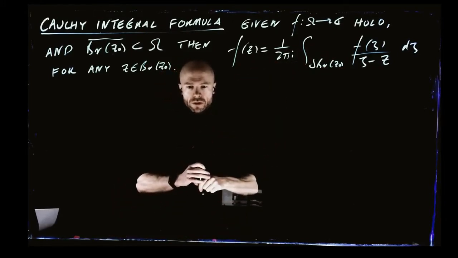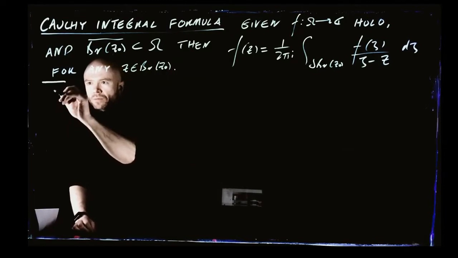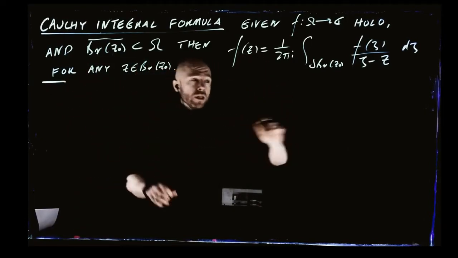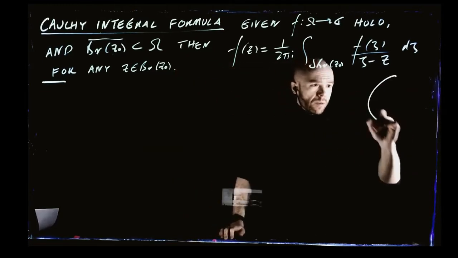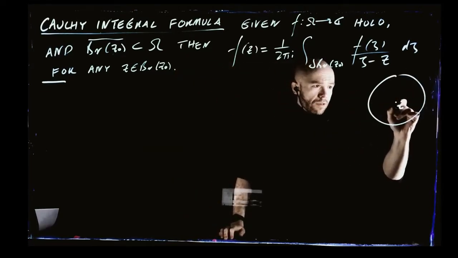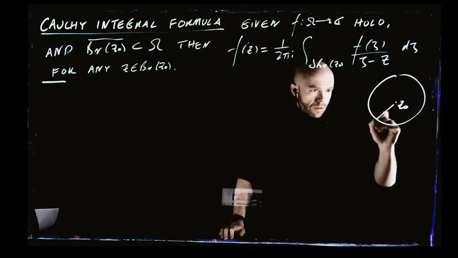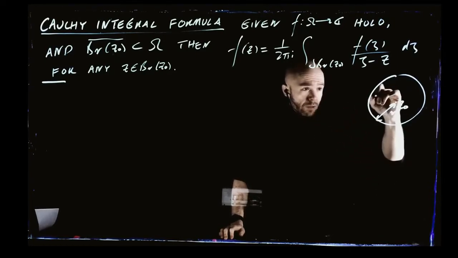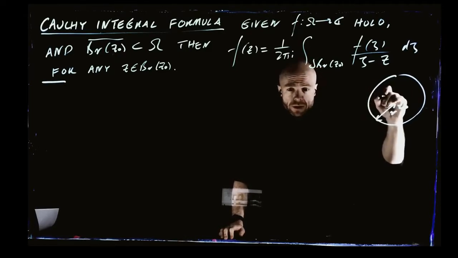Yeah? And we learned what this meant in the situation of putting the z exactly on the z0. So here's the picture. We have some ball like this, some radius like this, right? And we took some z inside this, yeah?